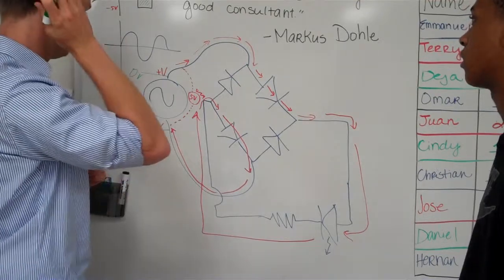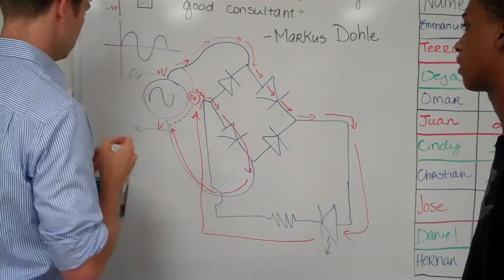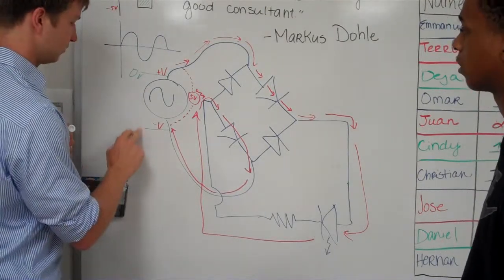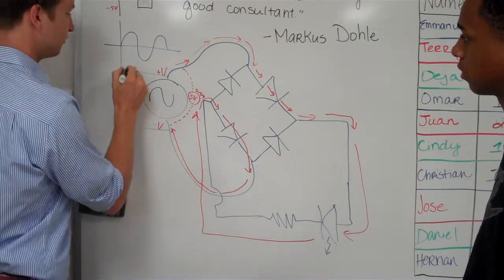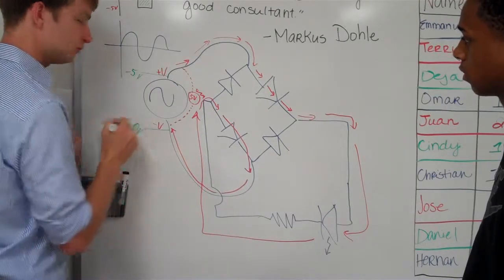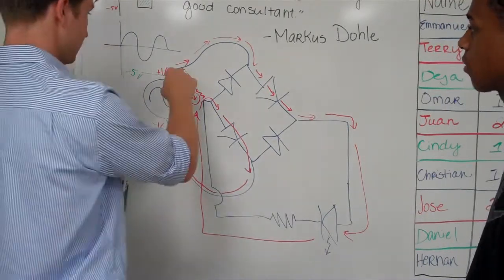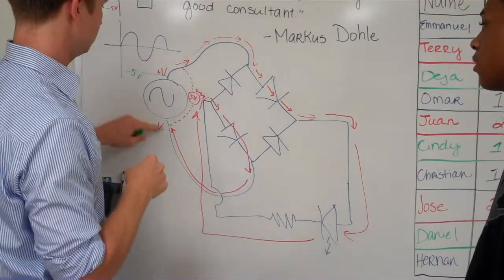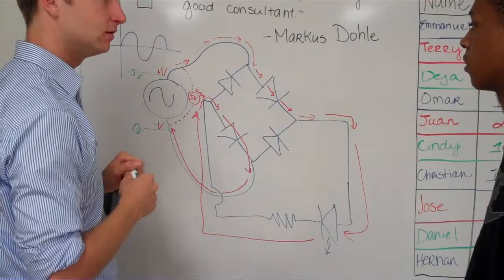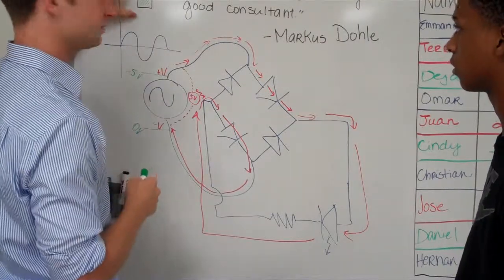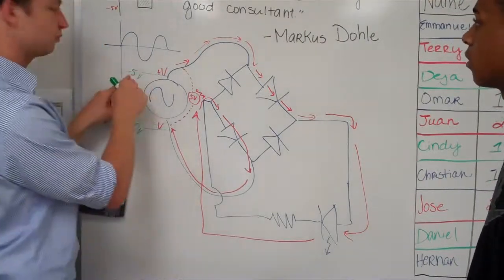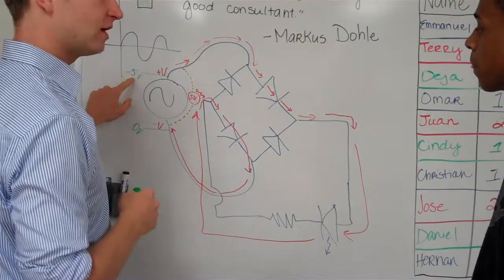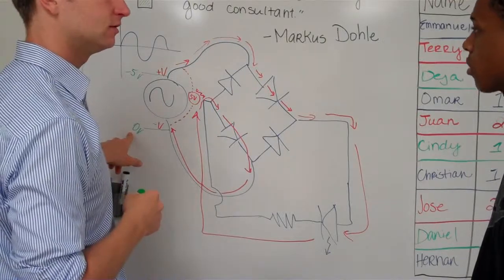Because this here is graphing the voltage difference between these two. If we look at this graph, this is always at 0, and this changes from +5 to -5. It's always changing. So this is -5, and this is 0, right?